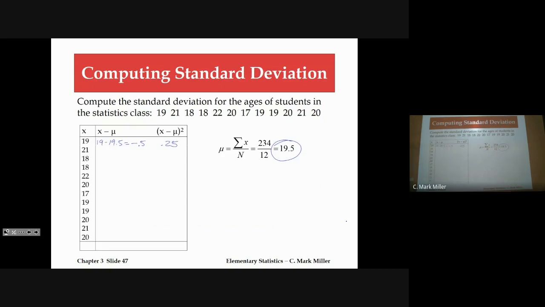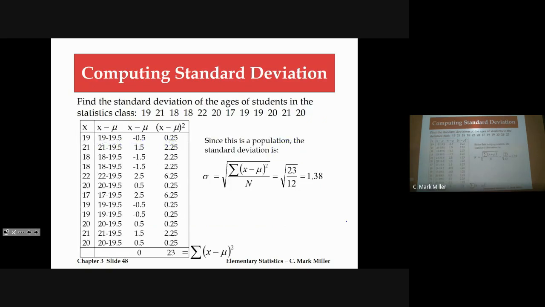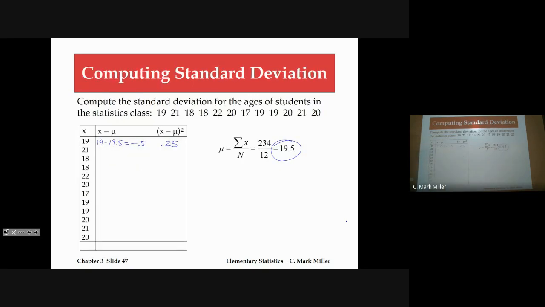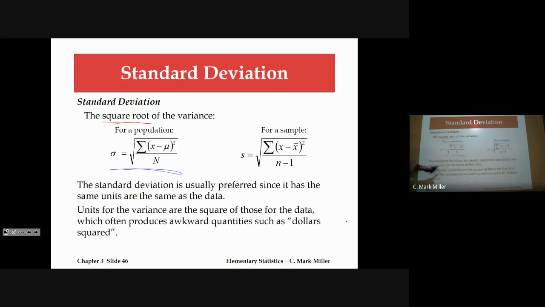We're treating this as a population, so we're applying this formula on the left, which means we have to compute the sum. This sigma means the sum of the x minus mu squareds.